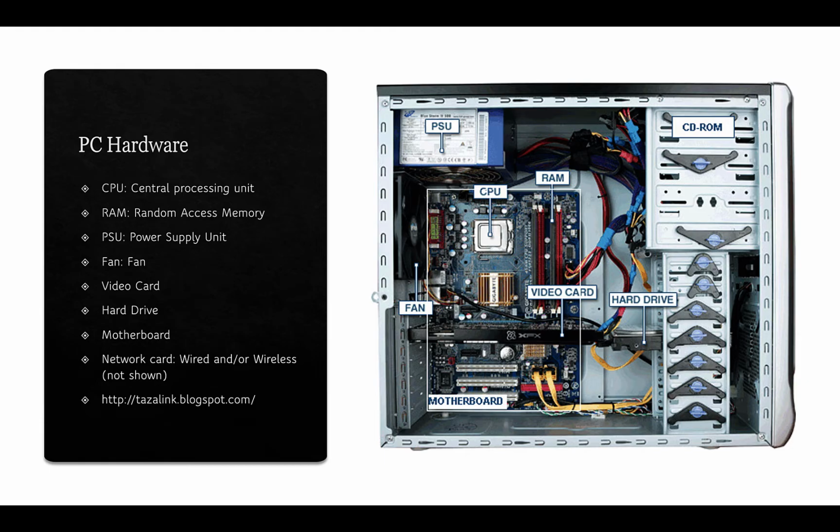So there are all these different components. There's also a network card, which is not shown here, that will allow you to communicate over either a wired or wireless connection. And that's the basic architecture. All PCs and laptops are based on the same sort of architecture. Obviously, a laptop is all squashed into a smaller space.